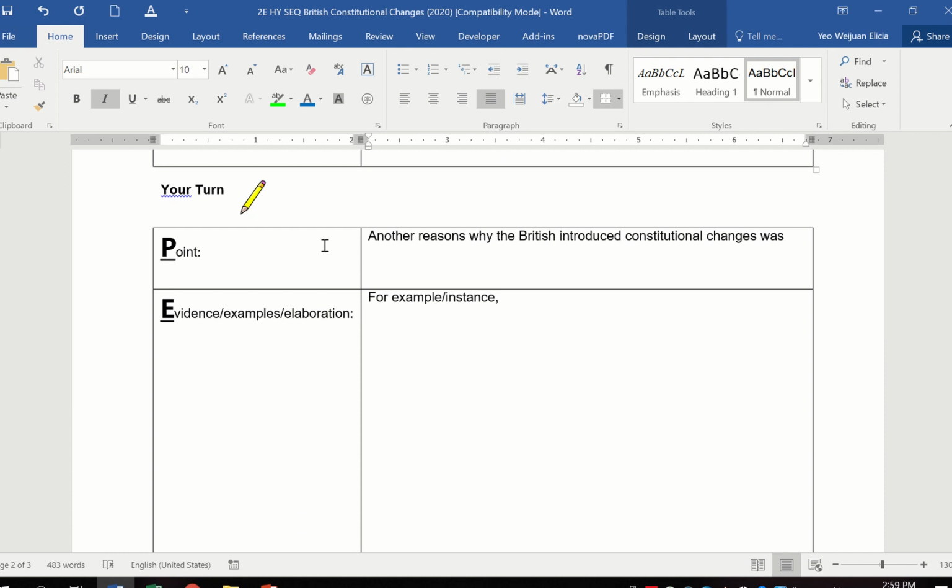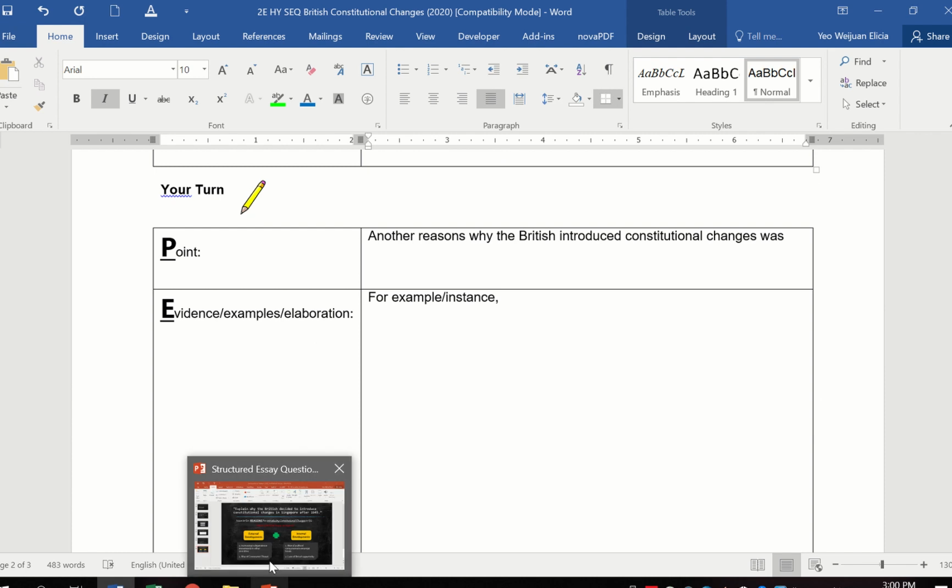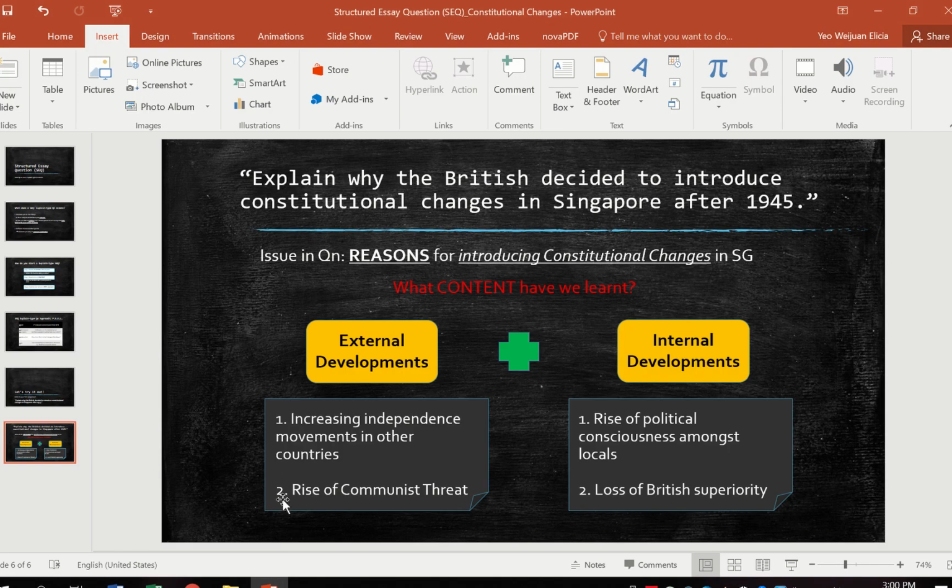So it's now your turn. We have earlier talked about the 4 possible content points. Just to show you again, these are the 4 possible content points. I've already discussed this first point, rise of political consciousness. So you have 3 other points that you could possibly write about: increasing independence movements in other countries, the rise of communist threat, and or the loss of British superiority.